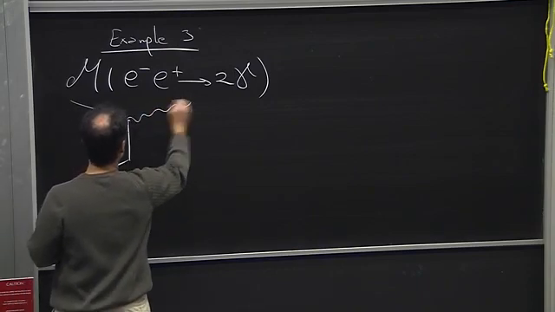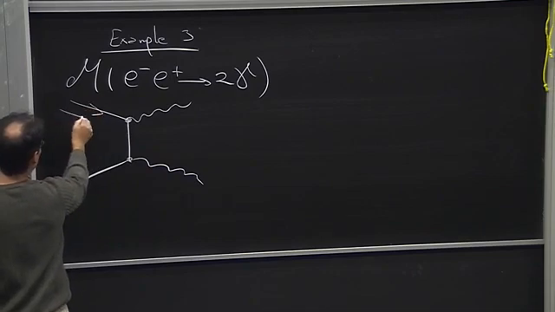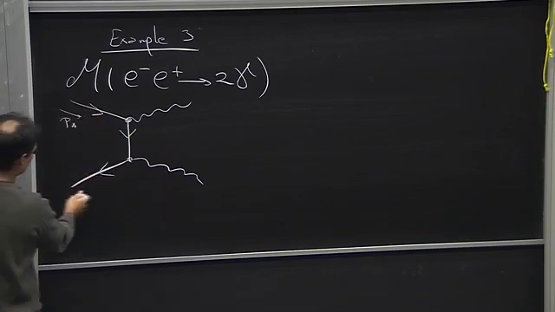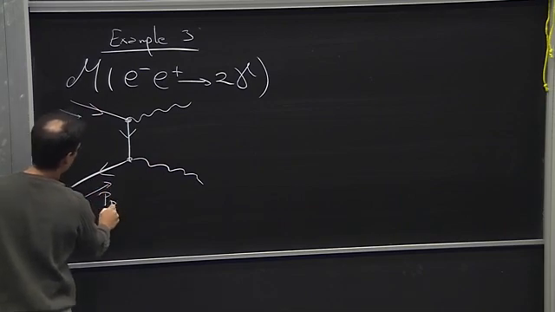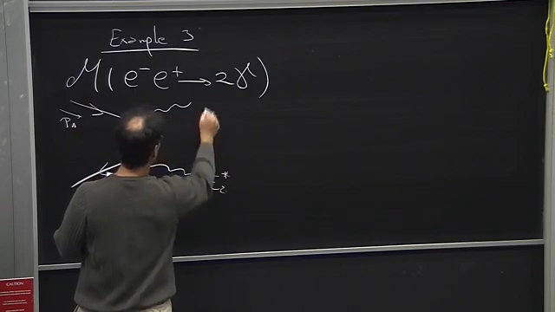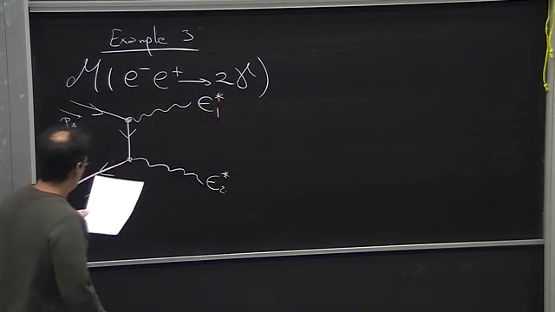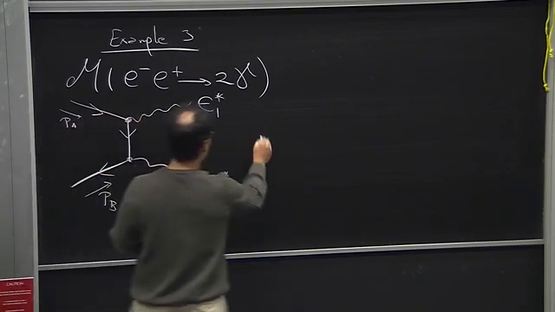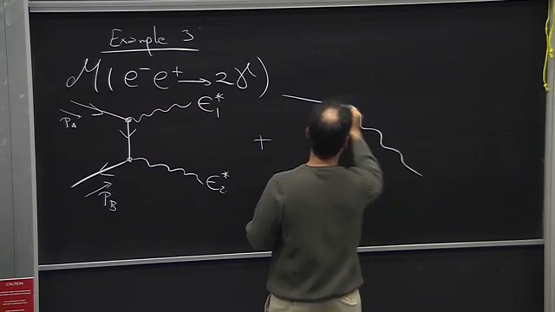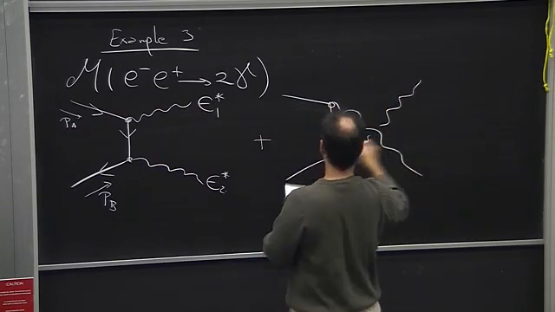We have this one. Now this is our electron line with momentum PA. This is our positron line with momentum PB. We have our polarization epsilon 2, epsilon 1 here, plus this other one, which I'm going to draw in the same way that I did there.